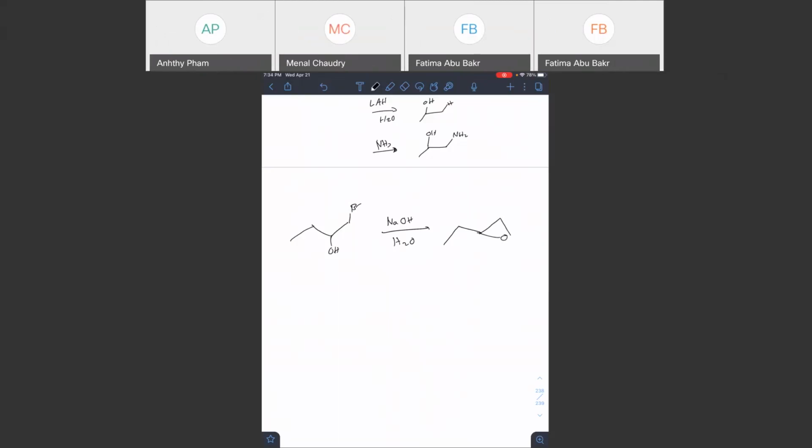So it has to be an epoxy that covers the distance between the Br and the OH. Obviously, the Br and the OH need to be conjugated for this to work.